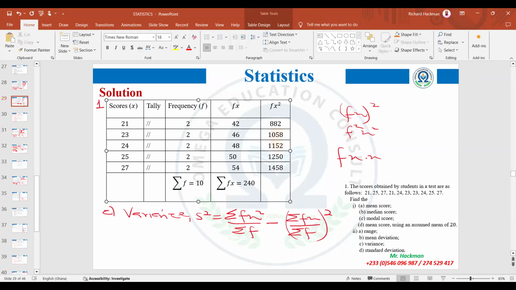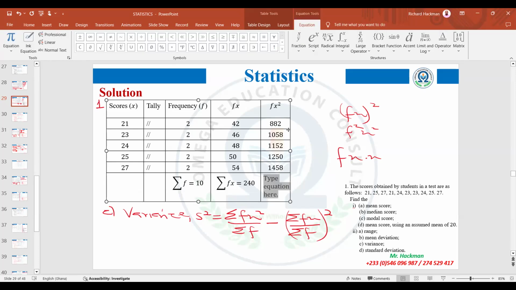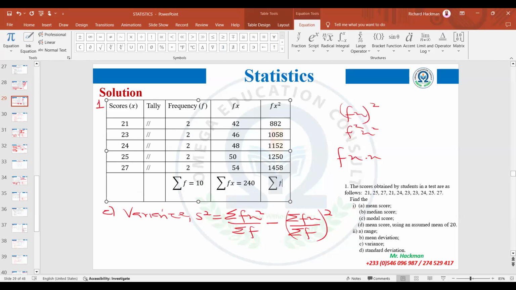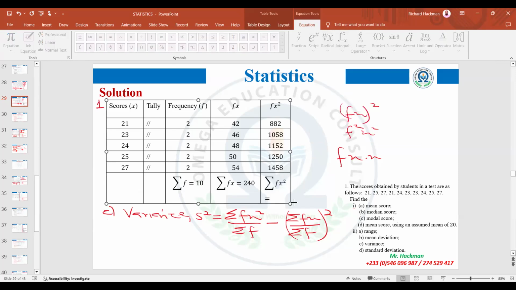So now we can go and generate the sum. It will be the sum of what? Sum of f x squared. I think I should have even copied and pasted, but okay, no issue. So let me go and bring the x squared, and that will be equal to, so I'm waiting for the sum.